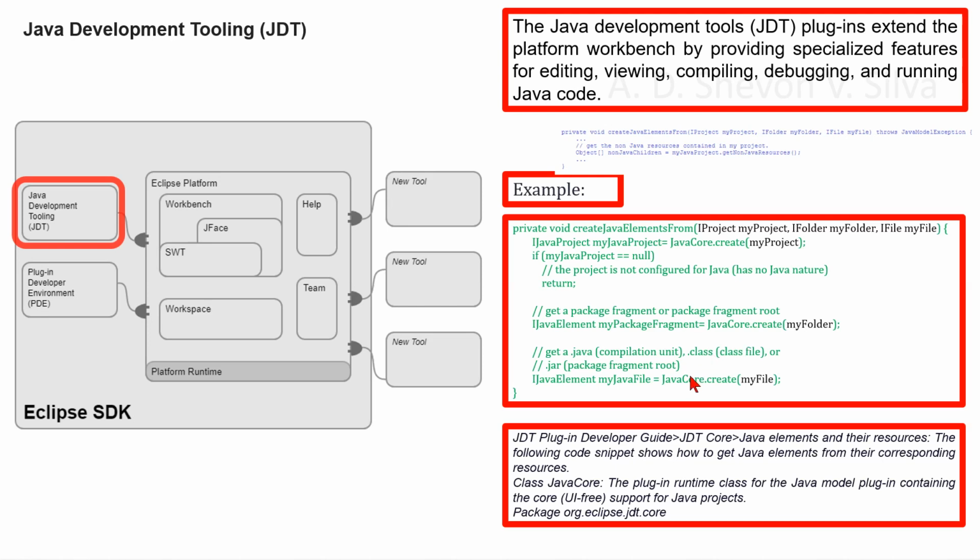Once you have a Java element, you can use the JDT API to traverse and query the model. You may also query the non-Java resources contained in a Java element.